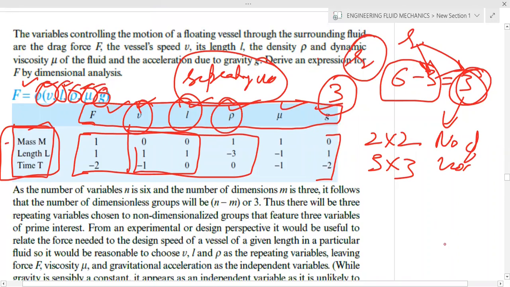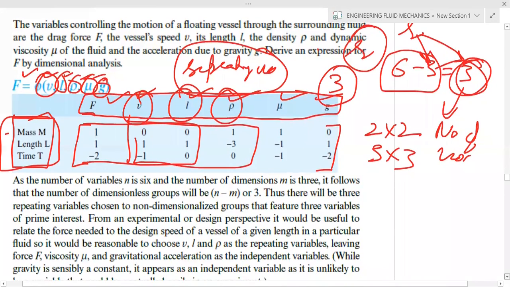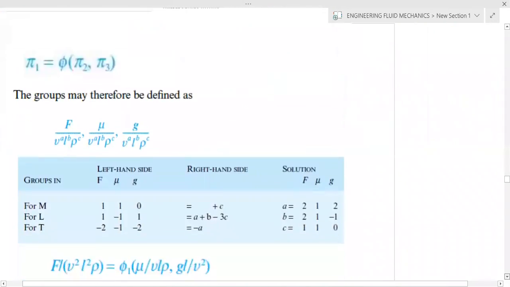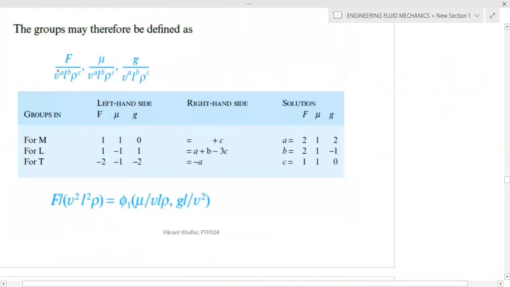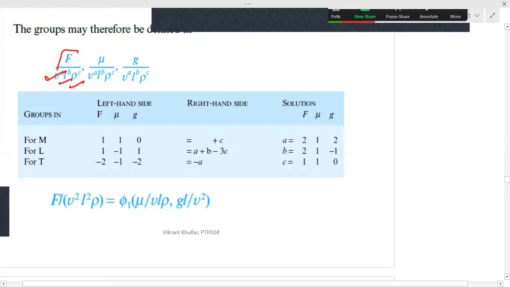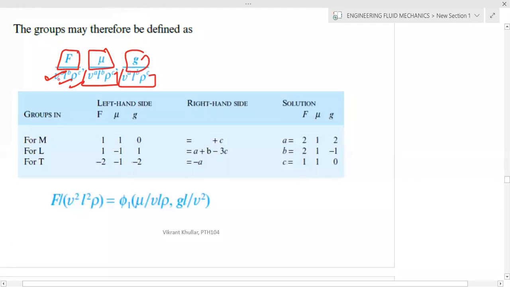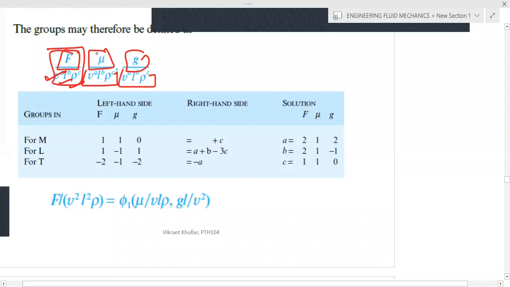Out of these 6, you choose 3 repeating variables in this case, depending on what is r. So we have chosen V, L, rho as the repeating variables. And we divide each of the other variables with the indices added on these variables. So we have 3 groups. These are the 3 groups which will be formed.